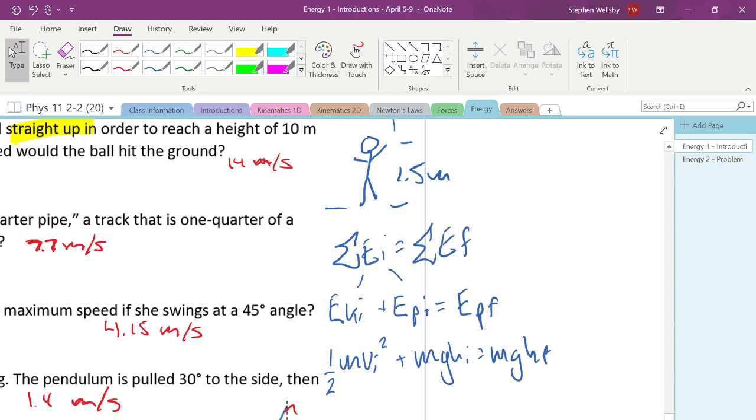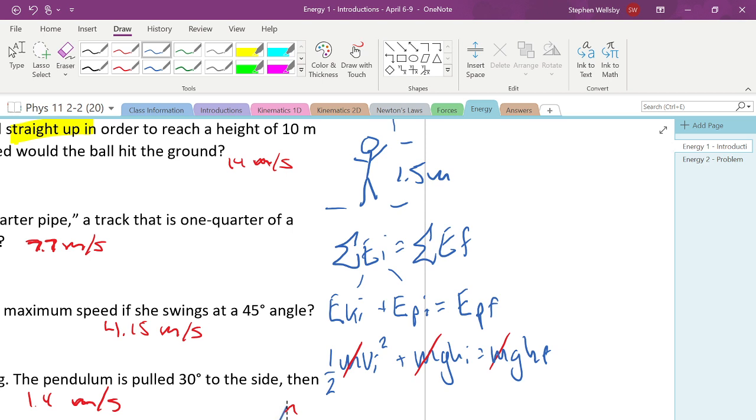And in this case, and it's often going to be the case when we have both kinetic and potential and there's no work being done, work is going to happen in about 3 weeks, the topic of work or change of energy, we can cancel out all these m's because they're in each term, and so here we are ready to solve. We know 1/2 is a constant, we know g is 9.8, the initial height's 1.5, again g is 9.8 for the third term, and h final is 10 meters.